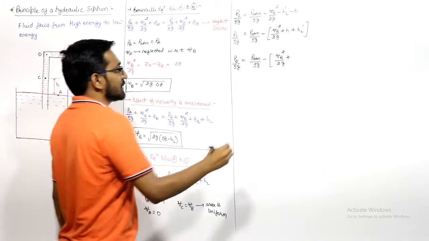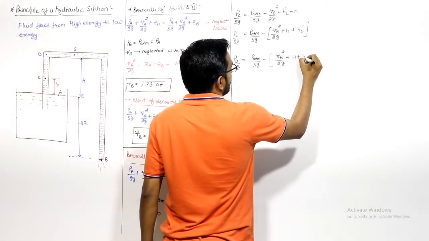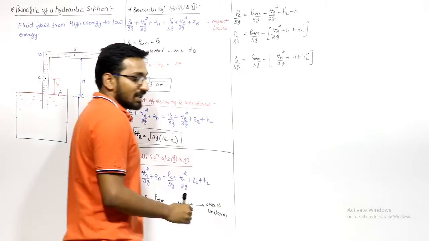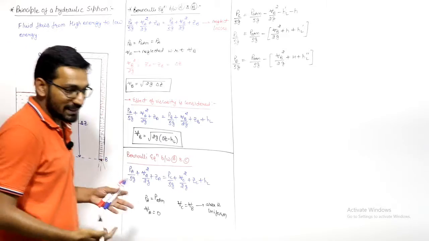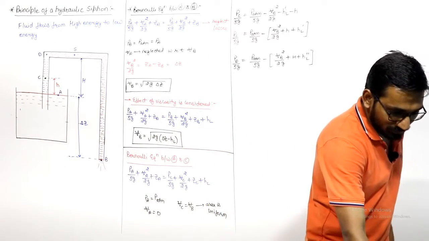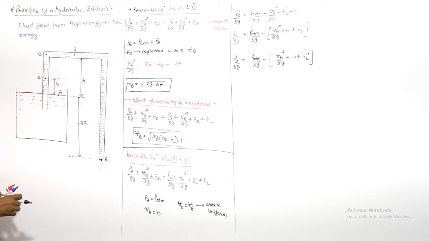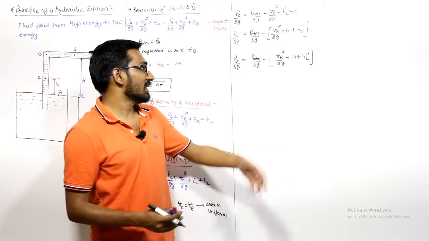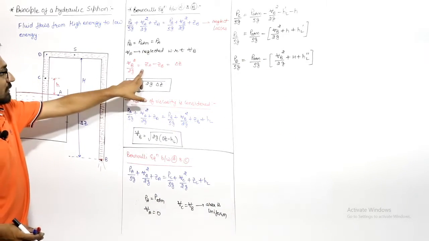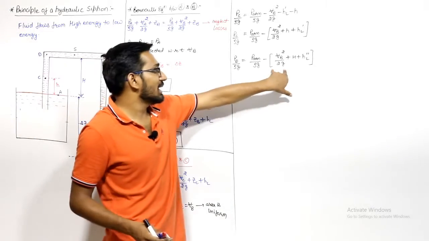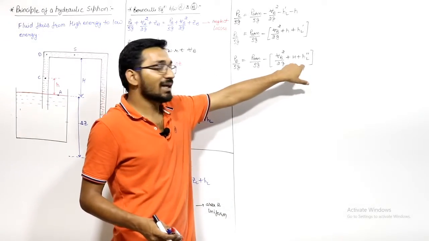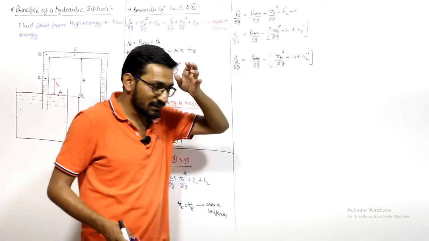This difference is capital H plus HL, let us say double dash. This HL double dash is from point A to point D. So you can see that this will be the PD, and you know that if you neglect this HL double dash, then VB square by 2g, from here you can write VB square by 2g is delta H, so this will be delta Z. So this will be delta Z plus H plus HL dash, HL double dash, you can see.